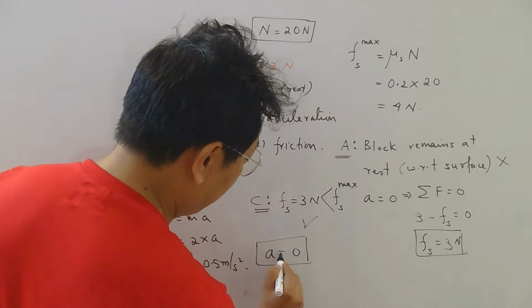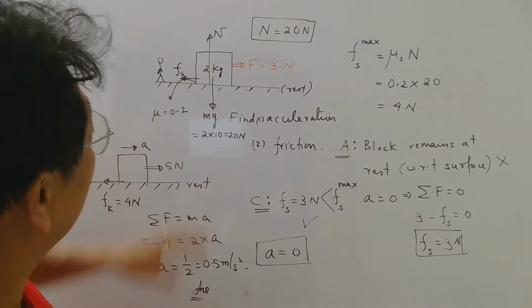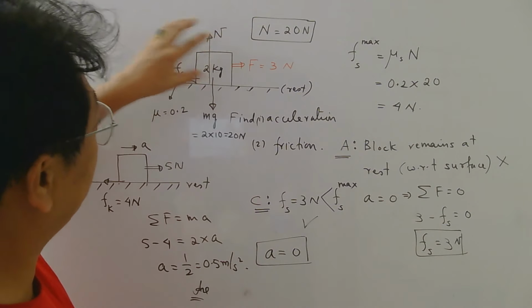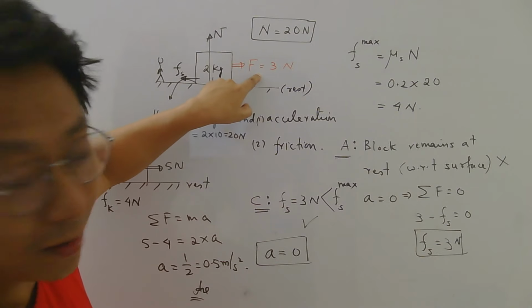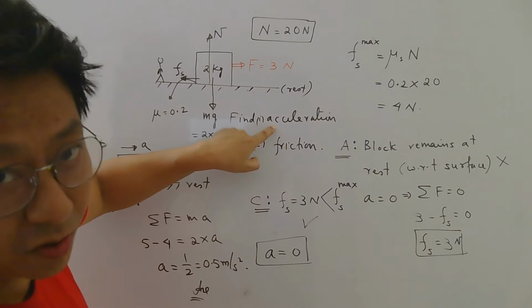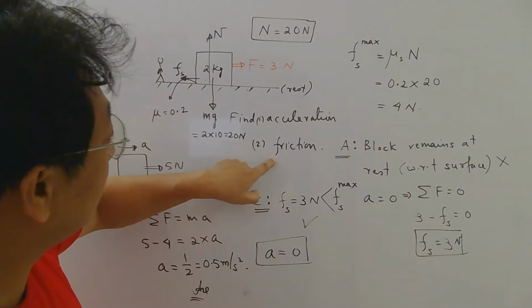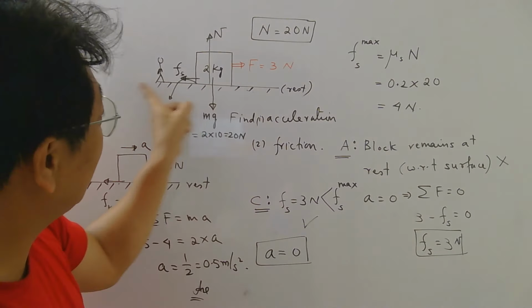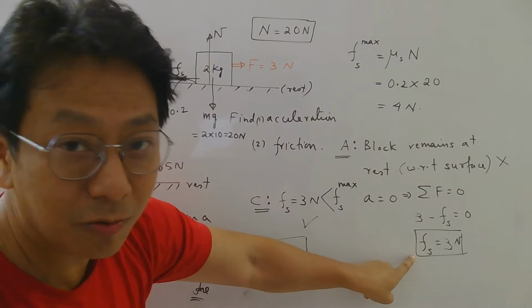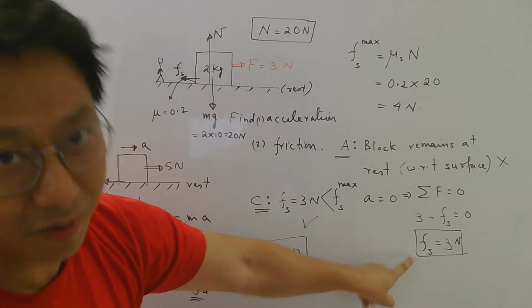So acceleration will now be 0, meaning the block will be at rest because this friction will balance this applied force. So the first answer will be 0, acceleration will be 0. Friction will be how much? Don't say 4, okay? That is the maximum value. Friction here is 3 Newton, right? Which is static in nature, okay?